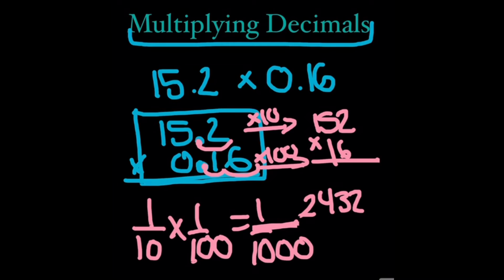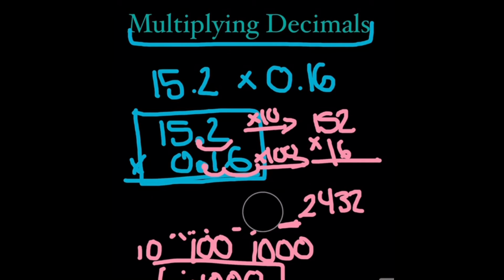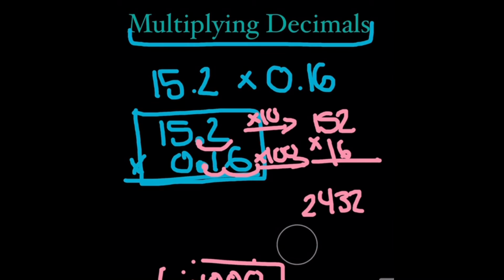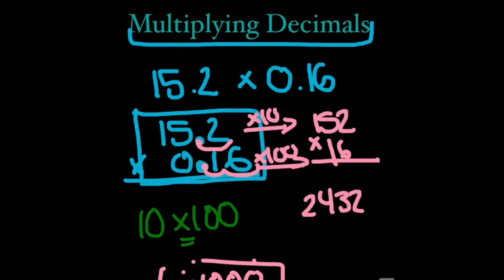So we have to divide now by 1,000. Another way you could have expressed what you've just done is, 10 times 100 gives me 1,000, so we have to divide by 1,000.